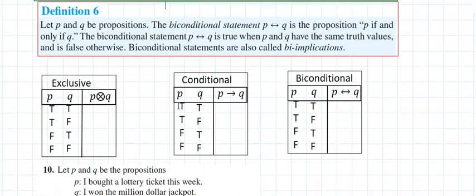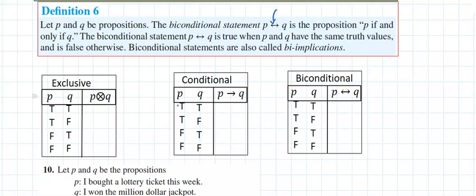And definition 6, they talk about the biconditional. This is if and only if, so that works forward and backward. P if and only if Q. You could move forward, it's if P then Q, or if Q then P. So here the only time that would be true, well, let's do the table and we'll figure it out.